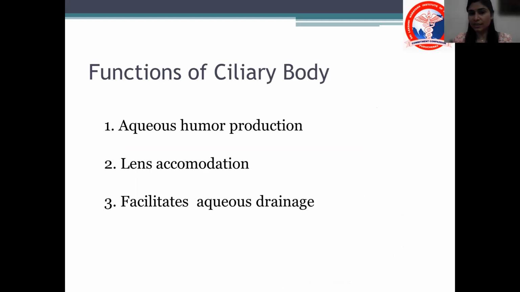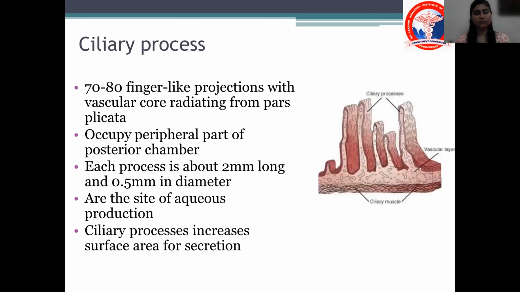Now the functions of the ciliary body are aqueous humor production, lens accommodation, and facilitating aqueous drainage. The ciliary processes are 70 to 80 finger-like projections with a vascular core radiating from the pars plicata.